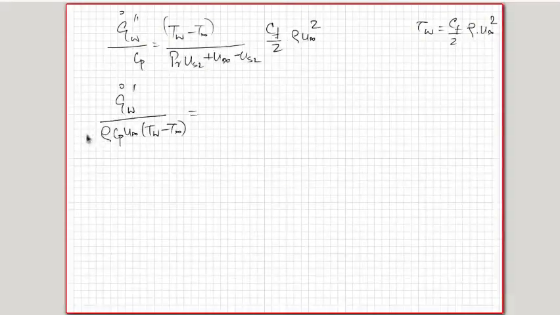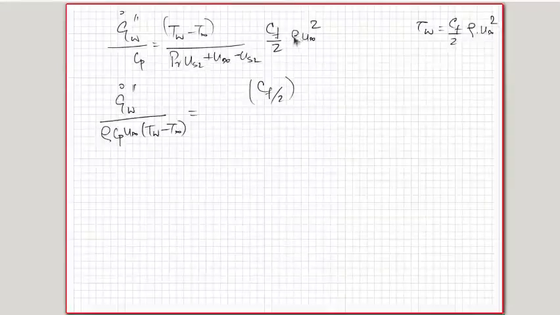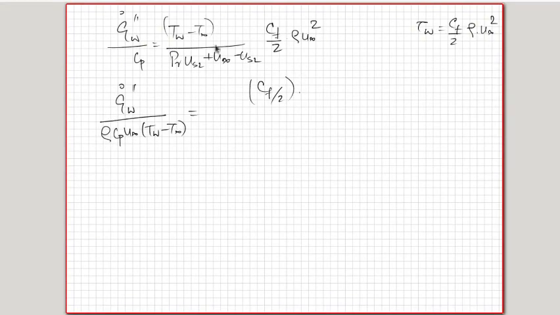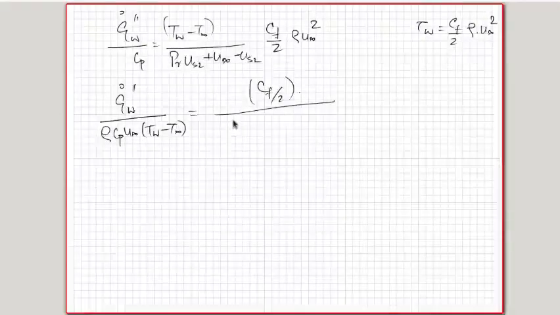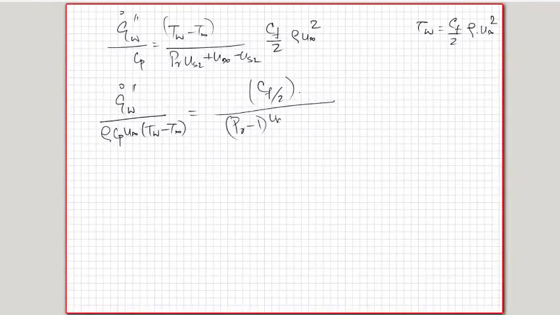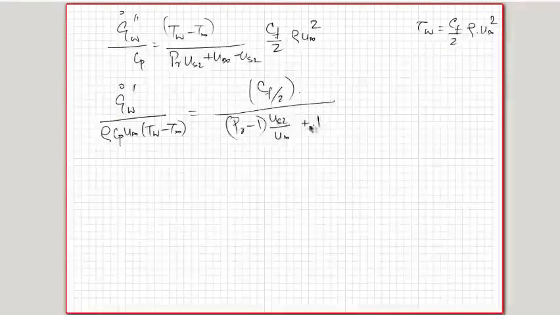So this rho has come here, so I'll get a Cf by 2 in the numerator. So this one rho u infinity T wall minus T infinity I have brought here, so I'll have a u infinity here which will go down below, so you'll get Prandtl minus 1 into USL divided by u infinity plus 1. Okay, so this is the expression that I'll get.